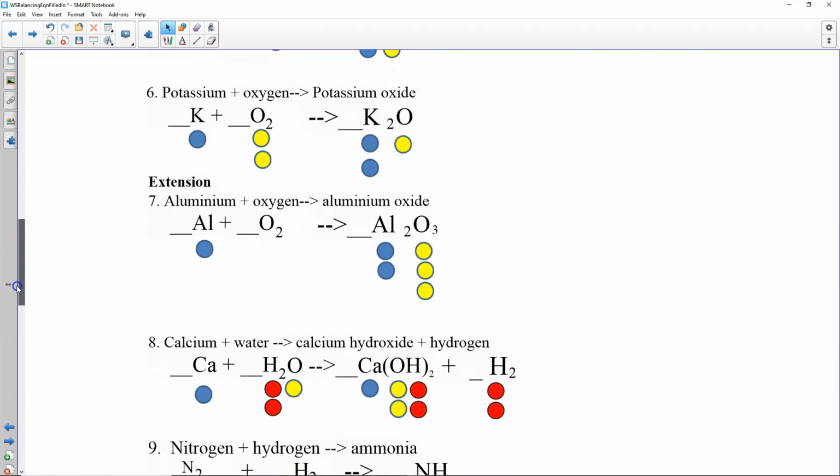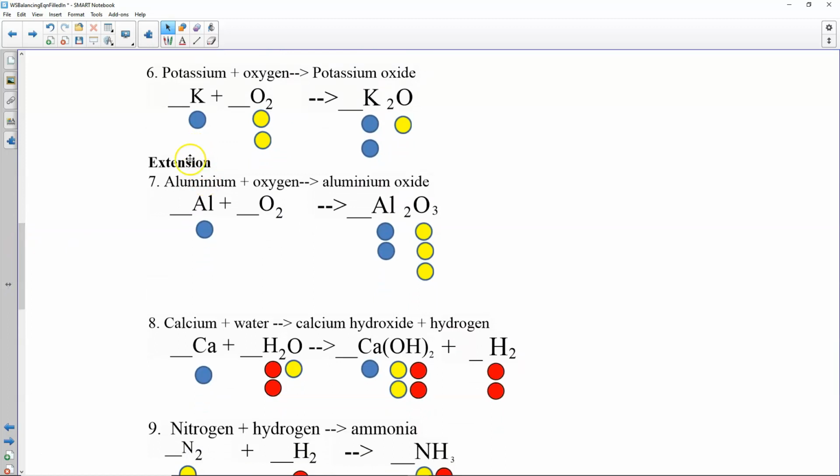Potassium plus oxygen goes to potassium oxide. If we look first, the oxygen is not balanced. There's 2 on the left and 1 on the right, so we can increase the amount of potassium oxide. I'm going to have to just do it a little bit strangely, because obviously I haven't given myself enough space on this to do it properly.